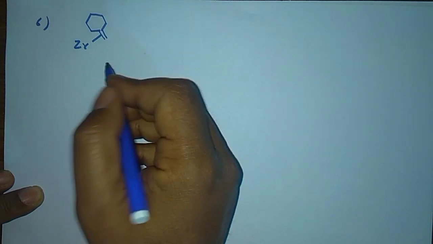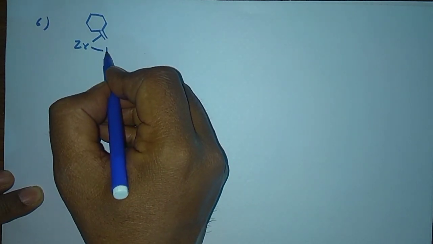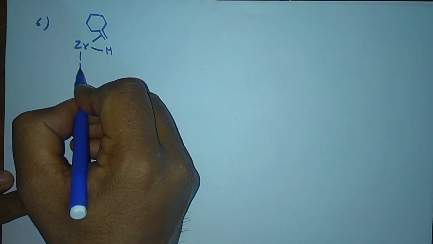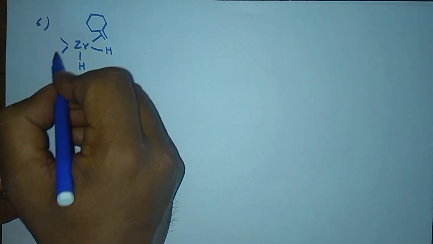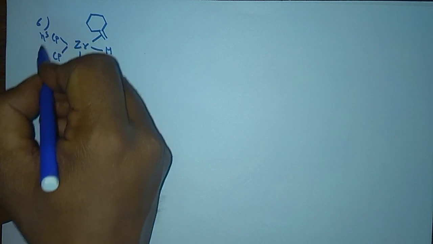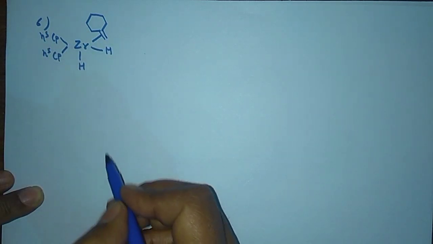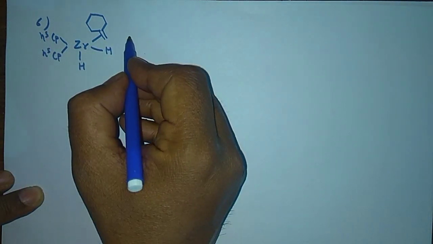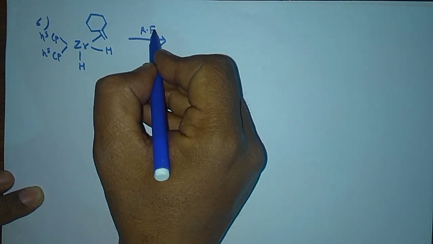This is your cyclohexyl, this is hydrogen, this is another hydrogen, and these two are the cyclopentadienyl with hapticity eta 5. So this is the complex, and now you are doing the reductive elimination for this one.